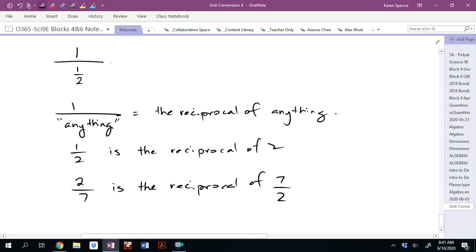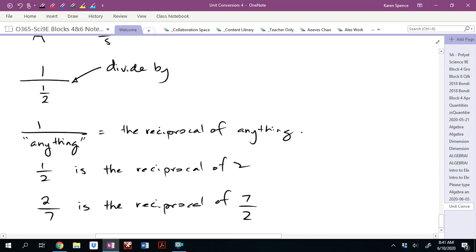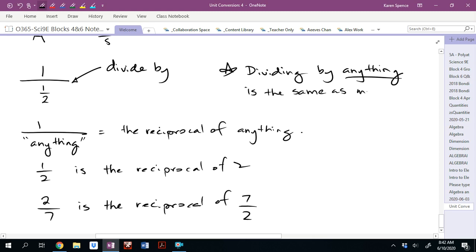So when you divide by something, dividing by a fraction is the same as multiplying by its reciprocal. This is a huge key point here. Dividing by anything is the same as multiplying by the reciprocal.